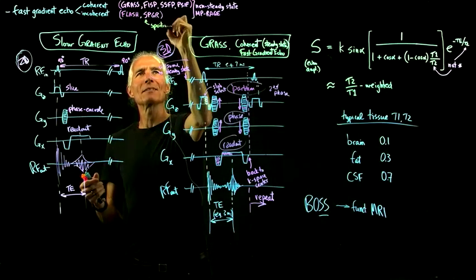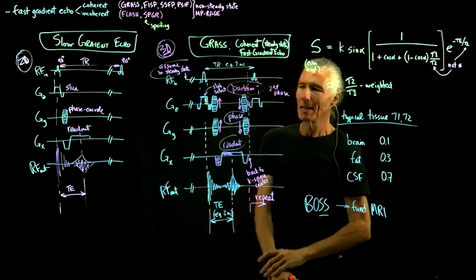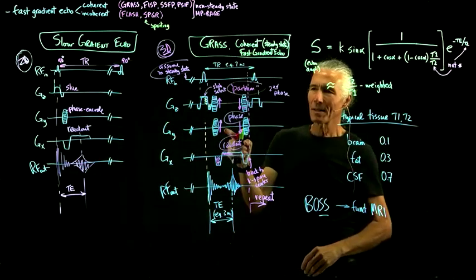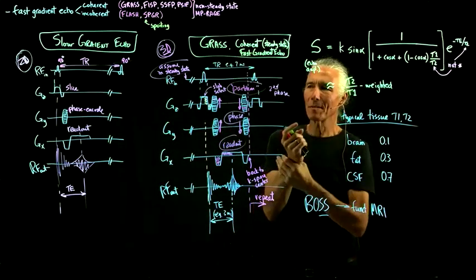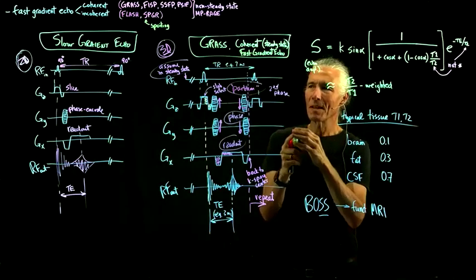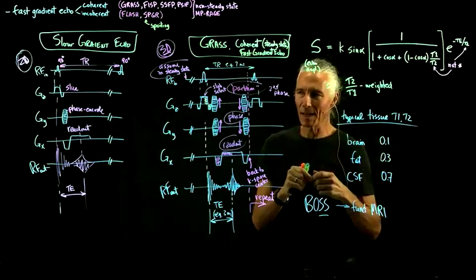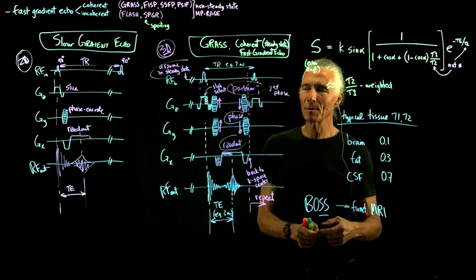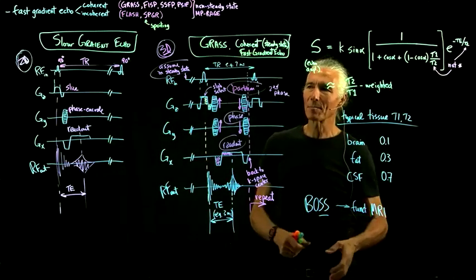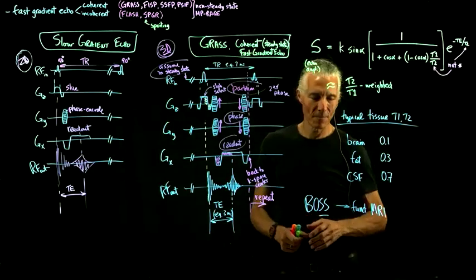That means we just try to hit it with a gradient, get rid of it, and start from scratch again. In this case, you're collecting hundreds of echoes and patching them up every time. And so if something is not right in your patching, you can cause problems down the line. That's the kind of problem they have doing this with functional MRI, as opposed to just doing a pulse, getting some data, crushing whatever's left and starting from scratch.